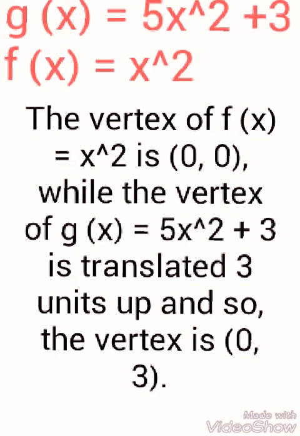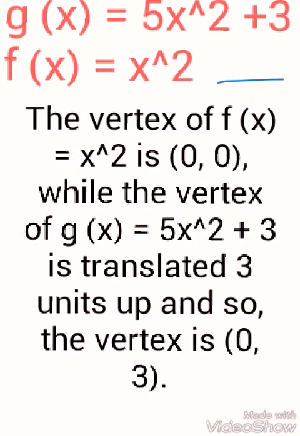The next one is the vertex. The vertex of f(x) equals x to the second power is (0, 0) because there's no other value here.